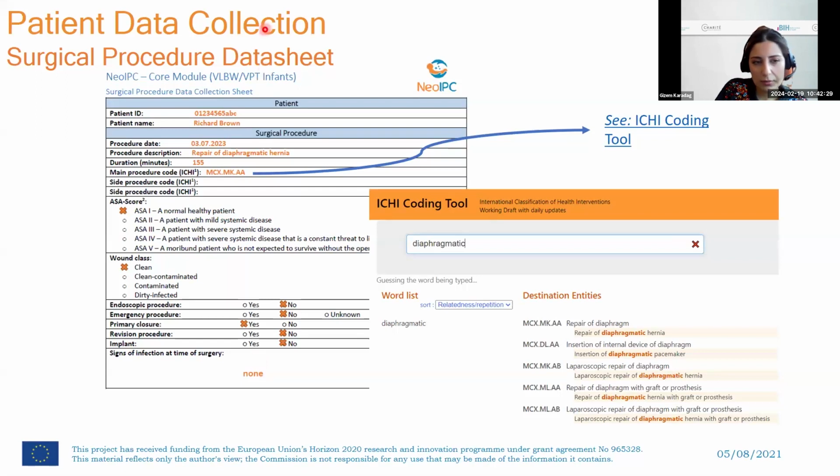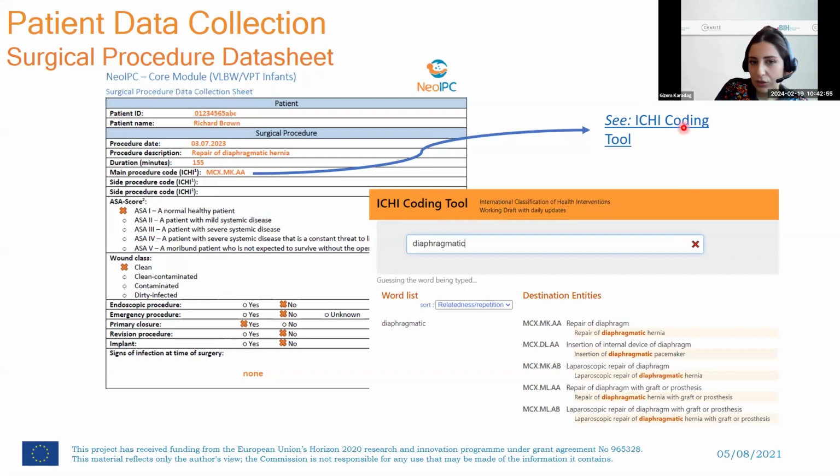I will not talk a lot about it in detail. I just would like to show you one thing. You'll see these procedure codes that we ask for in our datasheet, and you will not find any procedure code in the protocol. To find out this procedure code, you should use this ICHI coding tool that is developed by the World Health Organization.